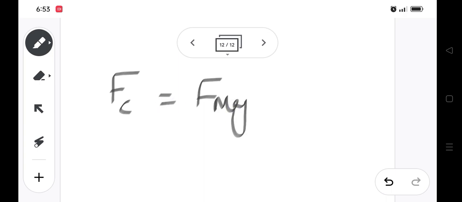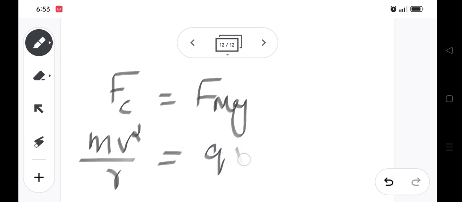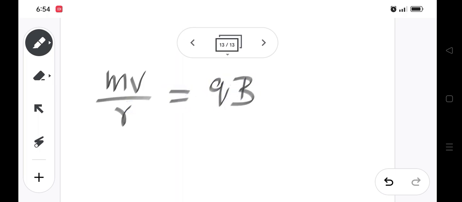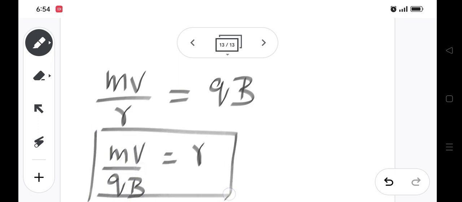So Fc equals F magnetic, that is mv squared by r equals q into vB. We can cancel one v on both sides, then what remains? mv by r equals qB. Taking r to the right side, we get mv by qB. So r, the radius of that circle, equals mv by qB.